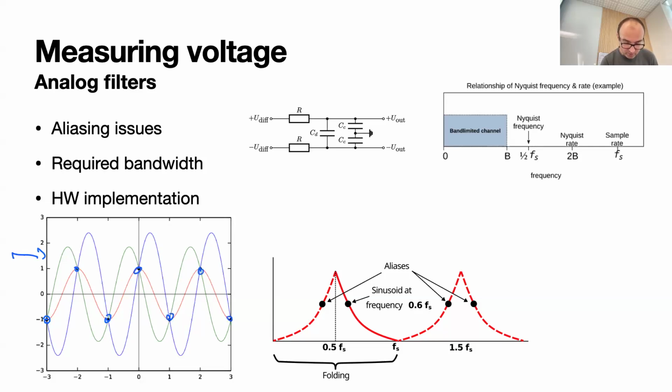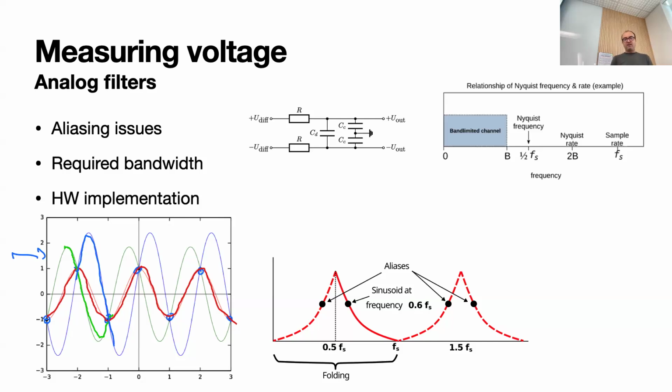One would say that we have sampled this red sine wave. But the problem is that through exactly those points, the green sine wave goes, and also the blue sine wave goes. And now the question is, what did we measure? There is no way for you to know what we measured.